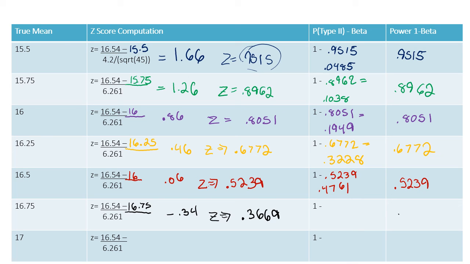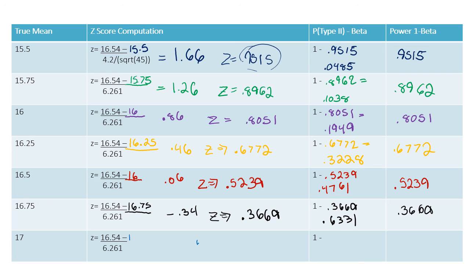So we're going to put that over here for our power, 0.3669. And 1 minus 0.3669 equals 0.6331. Last one for this example is, what if our true population mean is 17?